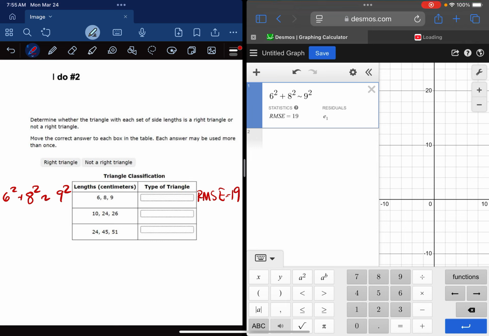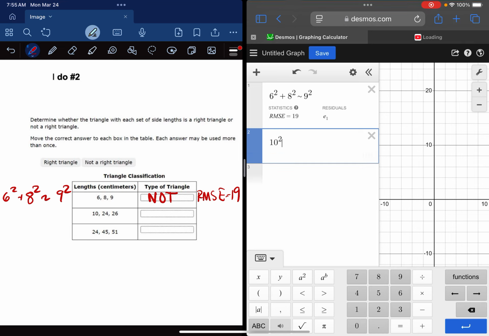When I'm looking for a right triangle, I should get RMSE equals 0. So because I got a different number here, I know that this is not a right triangle. So I'm going to keep going.